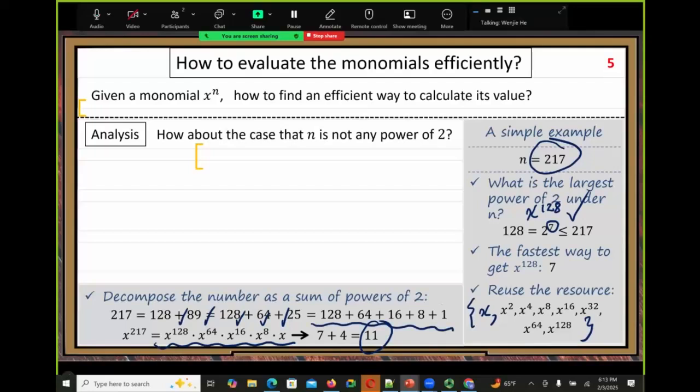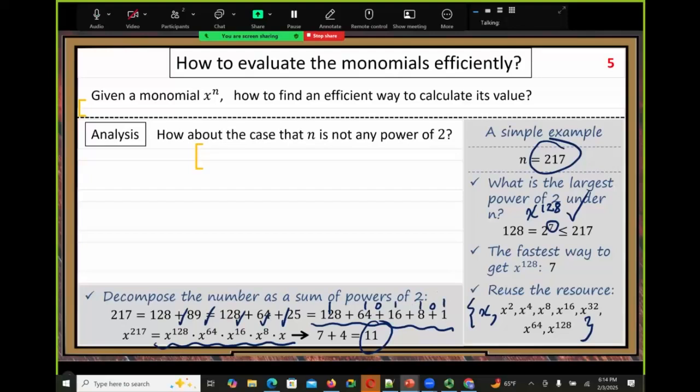The highest position is 7, 6, so 1, 1, but you don't have 5, that's 0. 4 you have, 3 you have, 2 you don't have, that's 0.